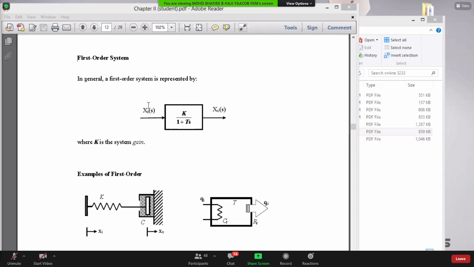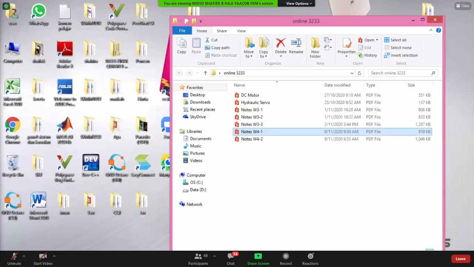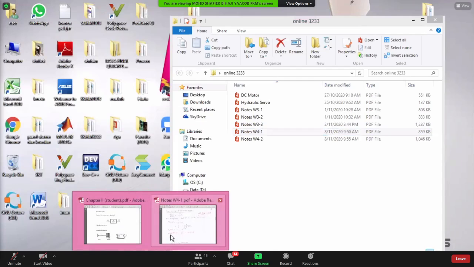If the input is a step input, what is going to happen to the output? For example, here, if you give a step input on the left-hand side, you push one step, one meter, what is going to happen to the displacement of XO? That is what we want to solve now.